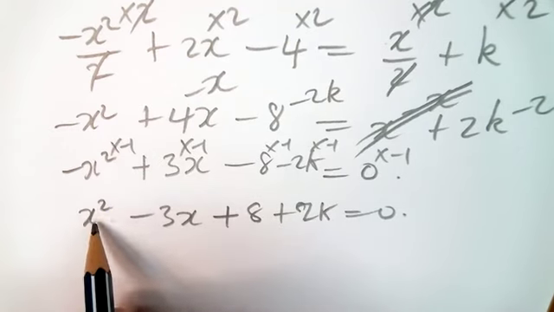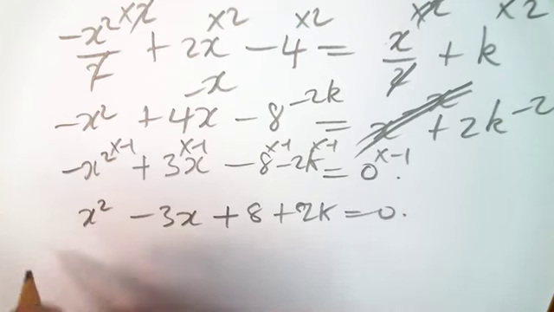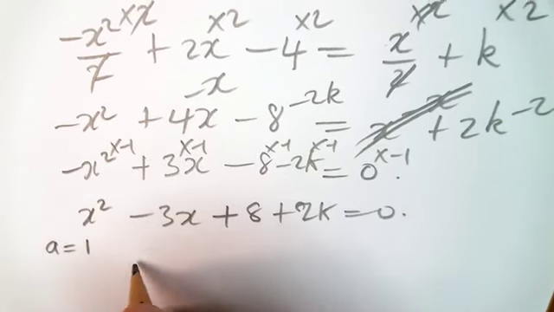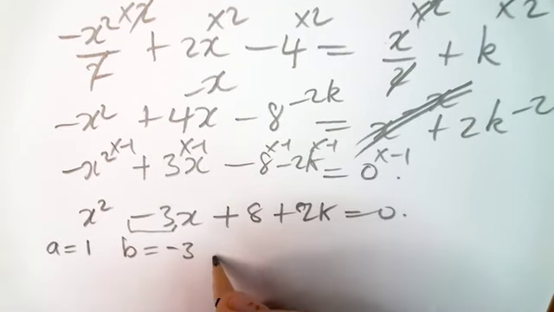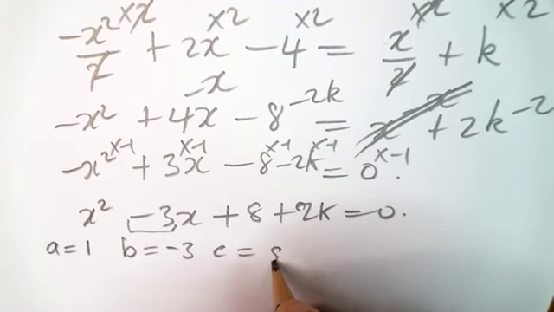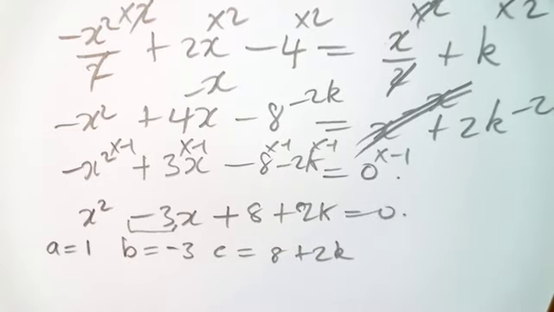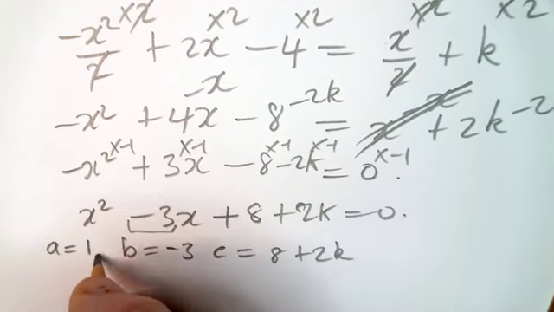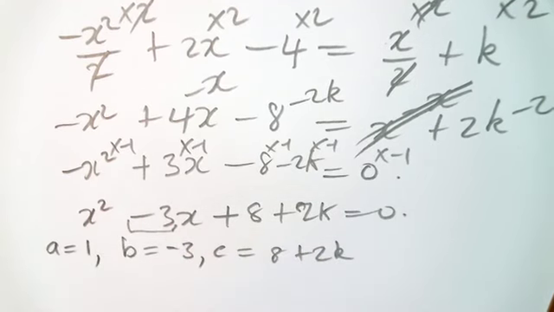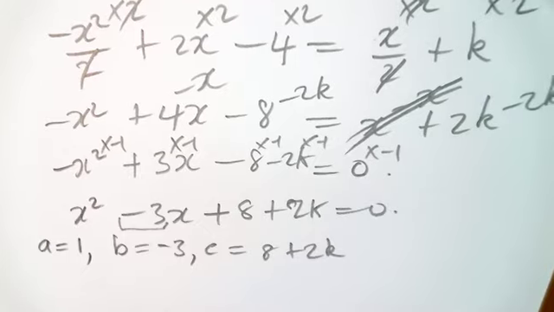So a is equal to 1, b has a coefficient of negative 3, and c has a coefficient of 8 plus 2k. To resolve a non-numeric coefficient in a quadratic, all we do is use the discriminant to resolve the issue. So let's go ahead and do that now.